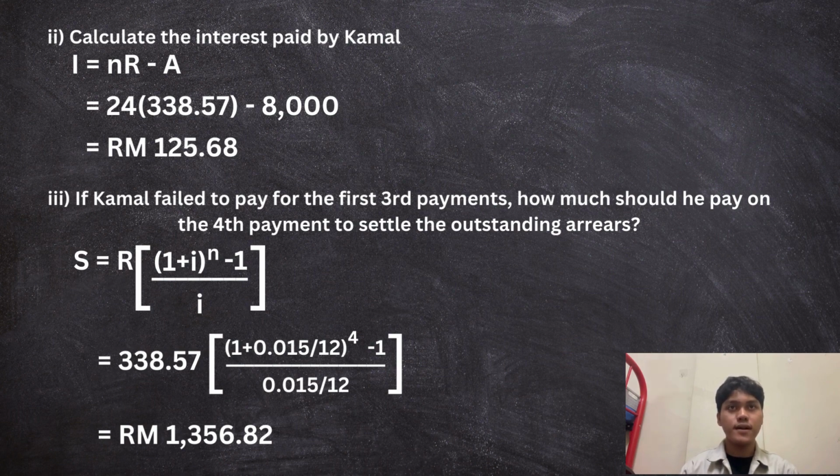This is because Kamal has to pay on the fourth payment, and then minus 1. After that, divide by 0.015 over 12. Then we calculate it and get the answer for S, which equals 1,356 ringgit and 82 cents.